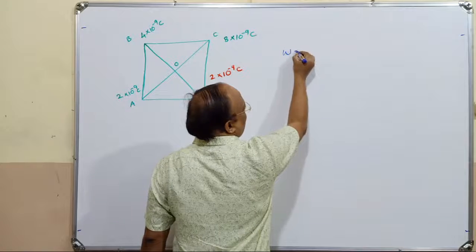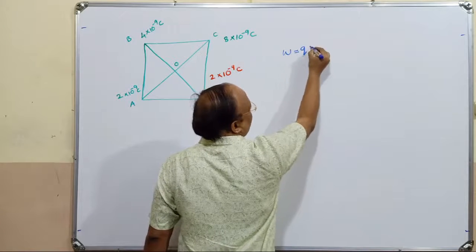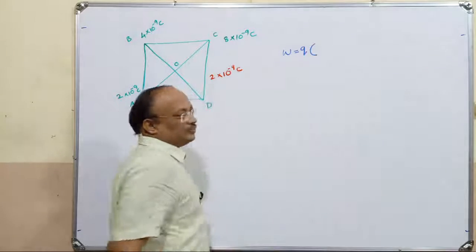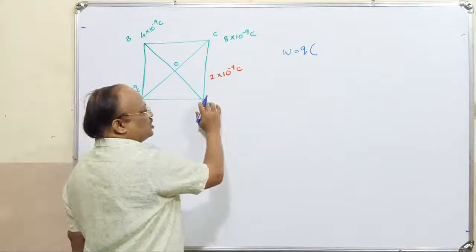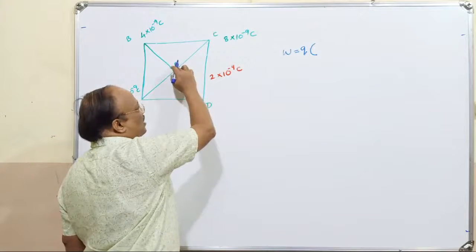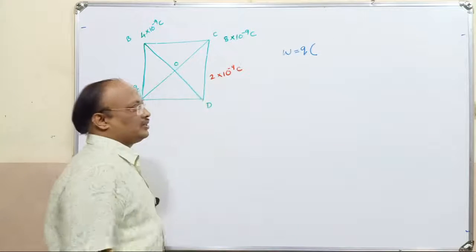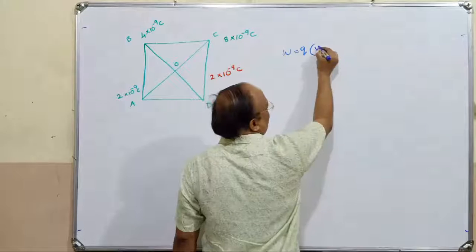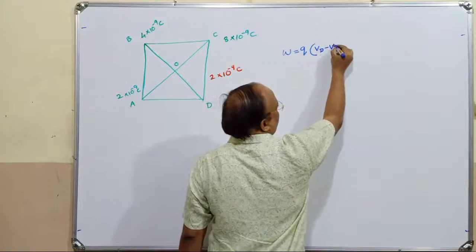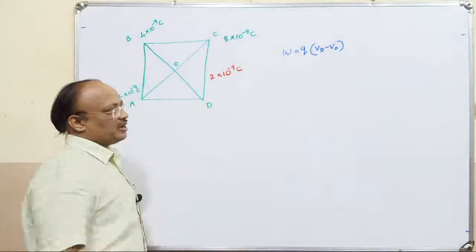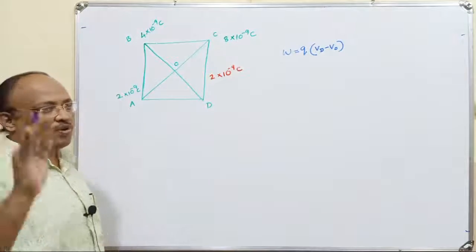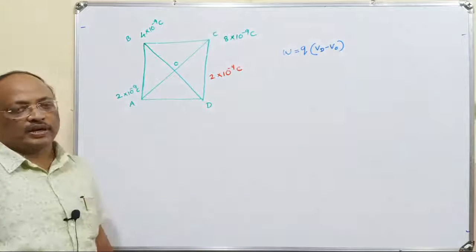Work is equal to charge into potential at this point and potential at this point. Charge into Vd minus Vo or Vo minus Vd, based on which has got more potential.